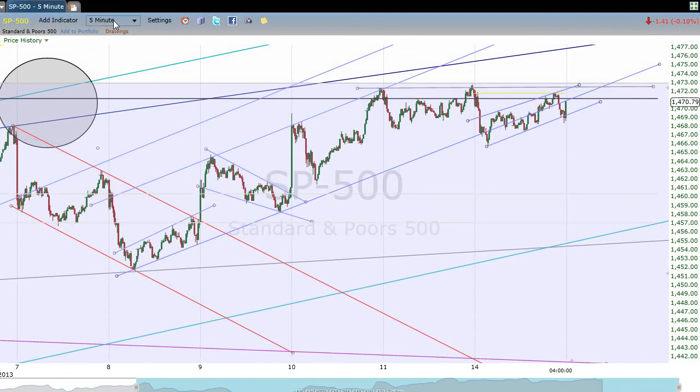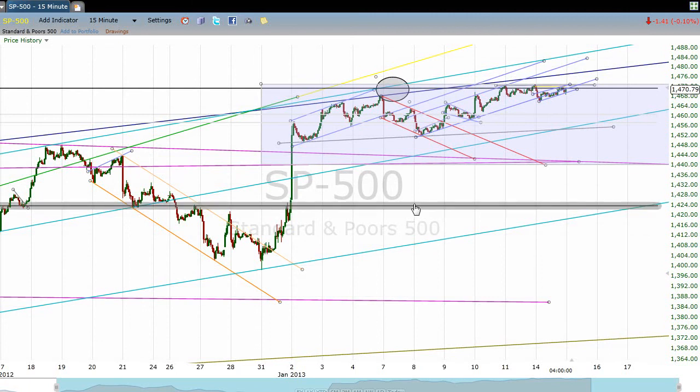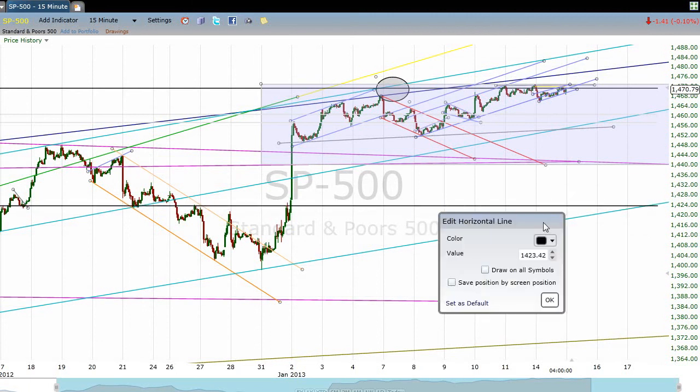Now, if this is a more serious sell-off, then we could expect some gap support in the low 1420s. But right now, I wouldn't be looking for that.